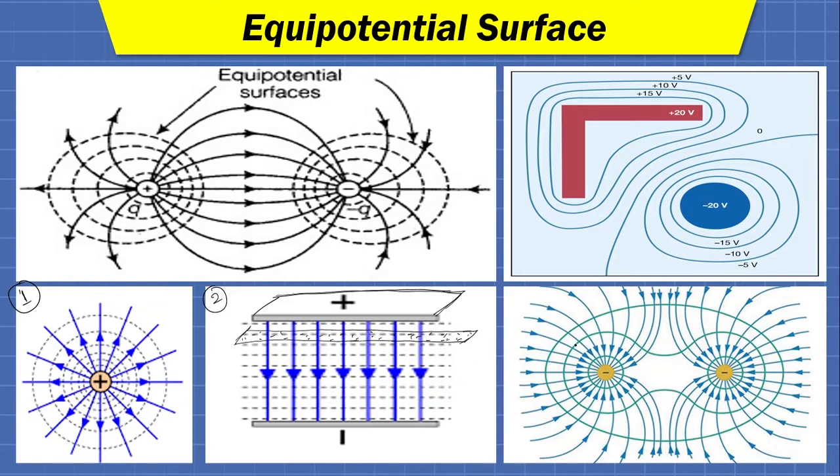Fine. So in the third example we have taken two similar point charges, both negative. The line with arrows represents the field distribution of such charges, and this greenish blue line represents the shape of the equipotential surfaces. Fine.